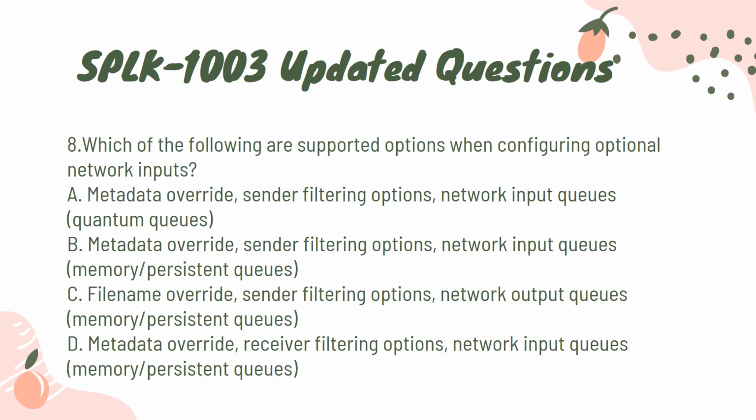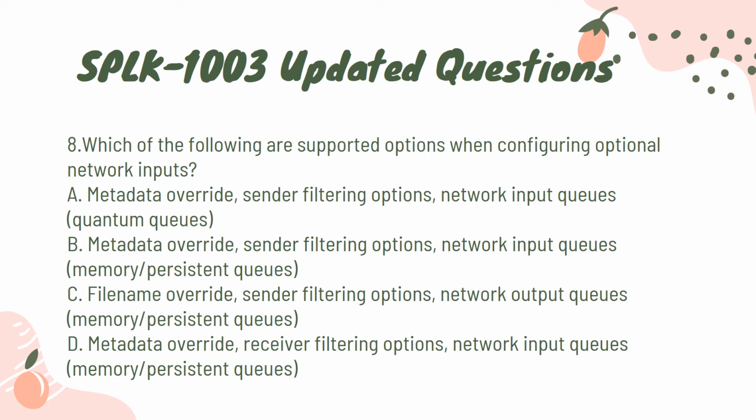8. Which of the following are supported options when configuring optional network inputs? A. Metadata override, sender filtering options, network input queues, quantum queues. B. Metadata override, sender filtering options, network input queues, memory, persistent queues.